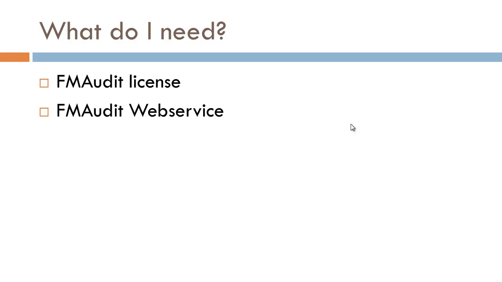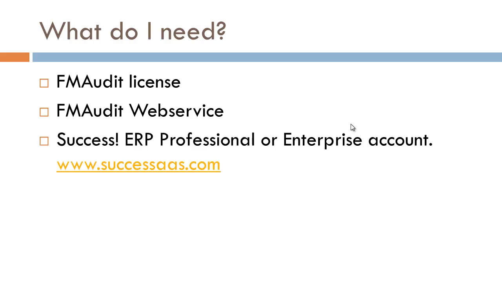This must be done because we need access to this web service, and you need one of the registration accounts of successasaservice.com, and the fleet management is included in the professional and in the enterprise account. It's included without any additional payments.